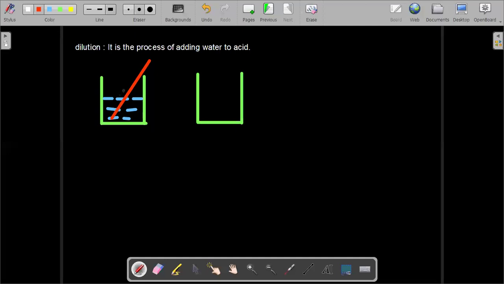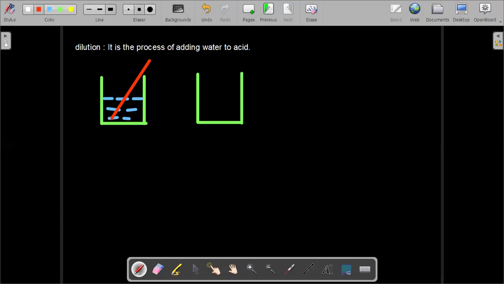A small amount of acid is added drop by drop and stirred continuously, so that whatever heat is produced during this process escapes out of the solution, or that heat is absorbed by water slowly, and hence it will escape slowly. So there will not be much rise of temperature.